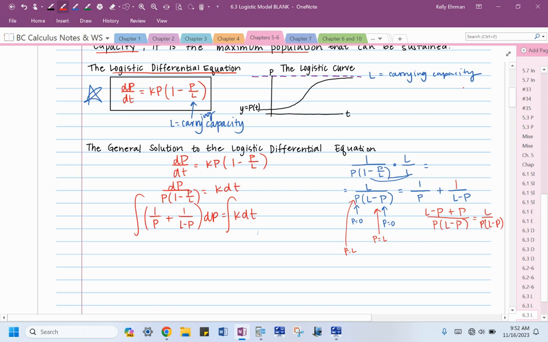So before I couldn't integrate this, but now I can. I can integrate 1 over P. That's natural log of P. Careful with integrating L minus P. U is L minus P. Du is negative 1. So I'm going to have to put in a negative here. So I should get minus the natural log of L minus P equals kt plus C.